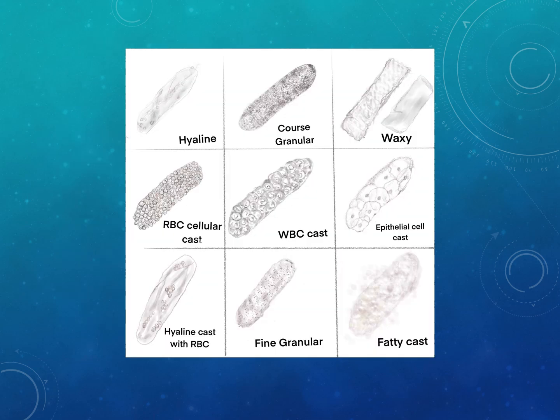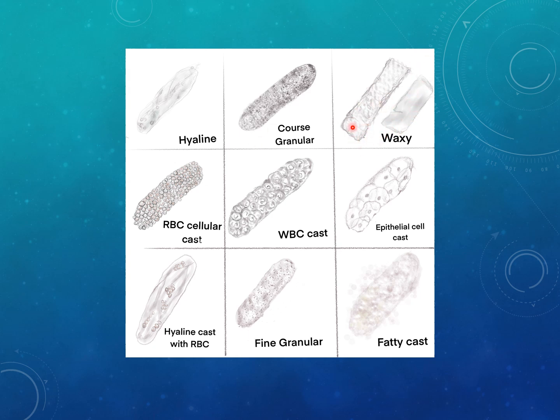So here's a breakdown of some of the different casts you may see. The hyaline cast is essentially an empty cast. It's like an empty shell. A granular cast has granules in it, and they can be coarse or they can be fine with only a few granules or condensed granules. Waxy casts have a waxy appearance.